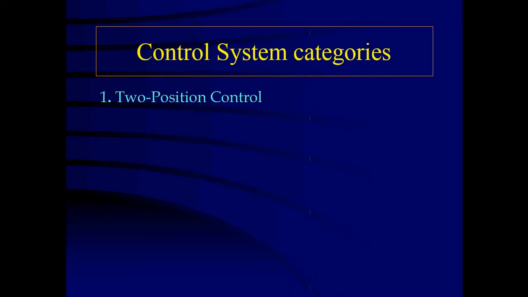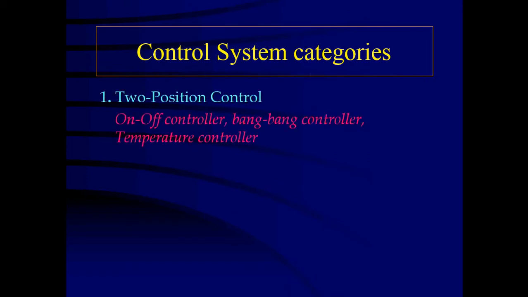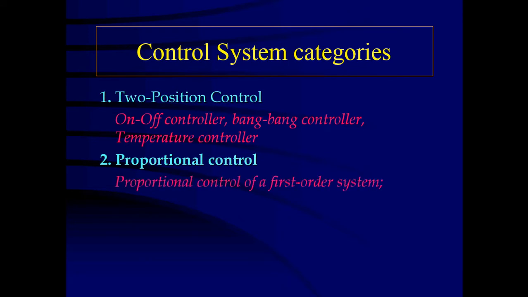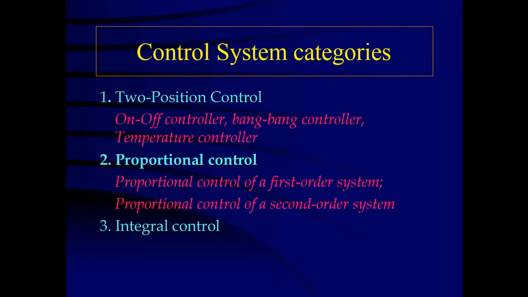So these are the different kinds of controls. You have something that we call the two-position control, which is on and off, like an on and off switch, or they are also called bang-bang controllers. There is something called proportional control, usually used for first order systems or for second order systems. Remember what is the order of a system here?